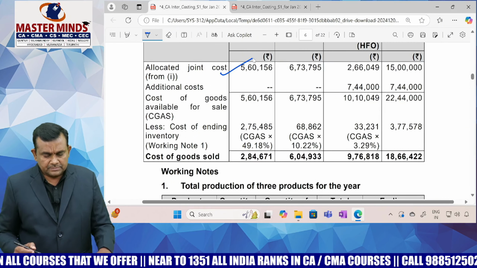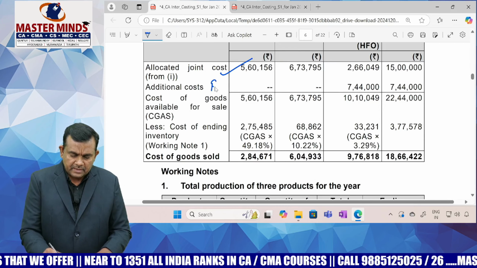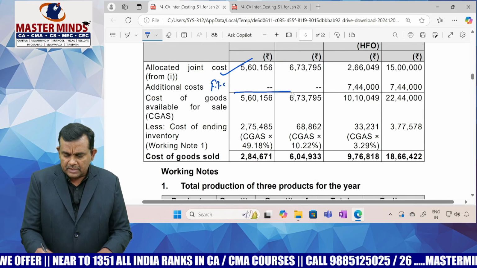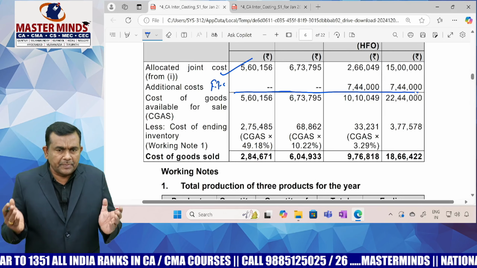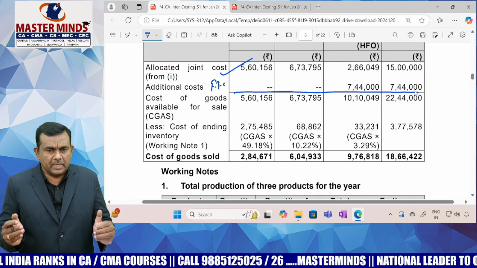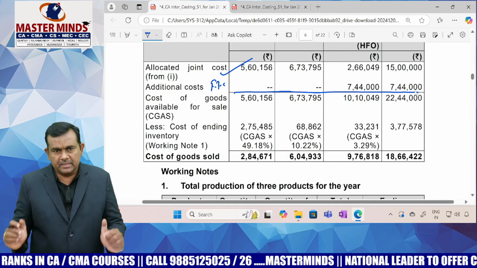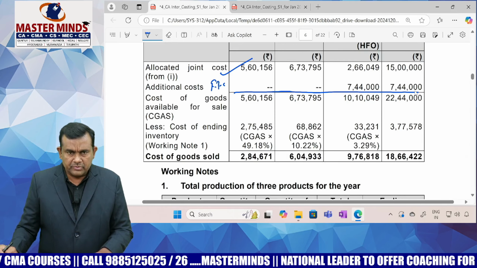Allocated joint cost, add additional cost, that is the FPC, add them, we get the cost of production. If there is no opening inventory of finished goods, then cost of production becomes cost of goods available for sale, less closing inventory, then we get the cost of goods sold.